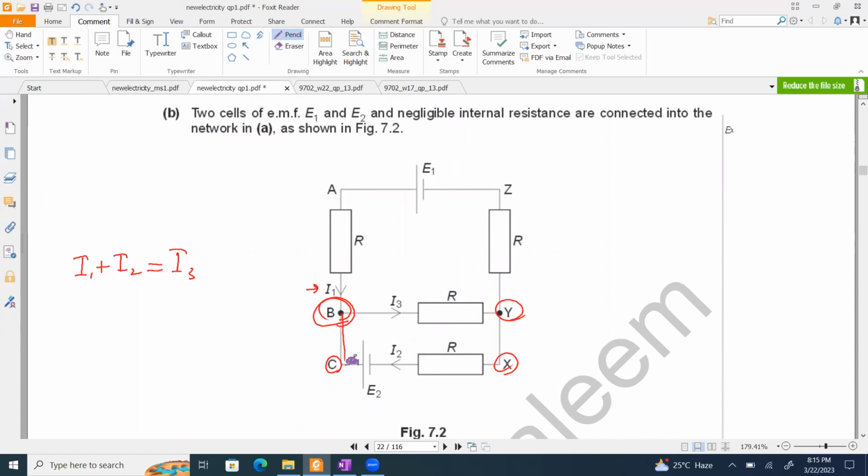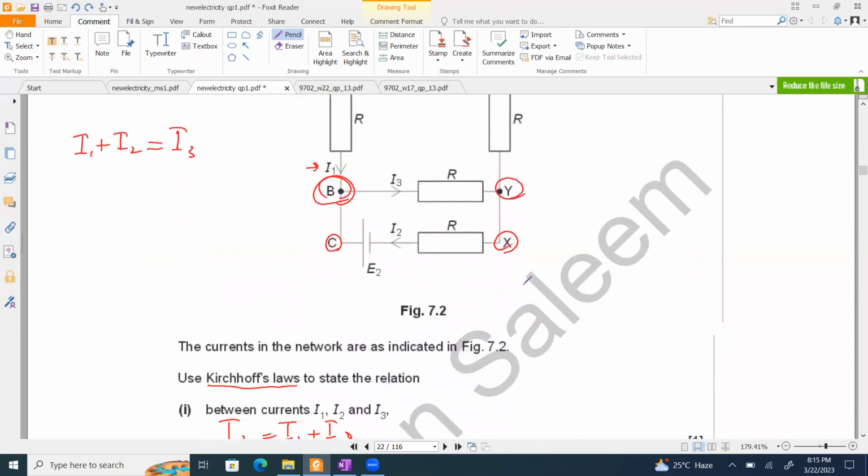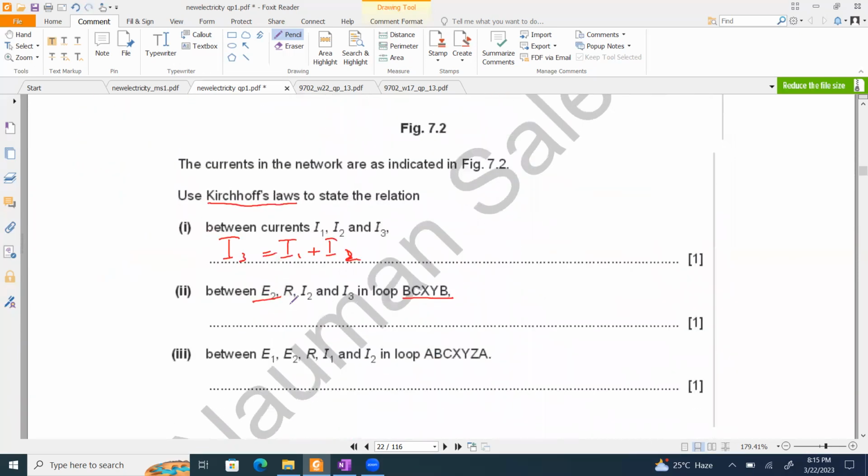They mean to say you have to select this closed loop only. Forget this part, cut this part from your circuit, and consider only BCXYB, and then write the relationship between E2, R, I2, I3.